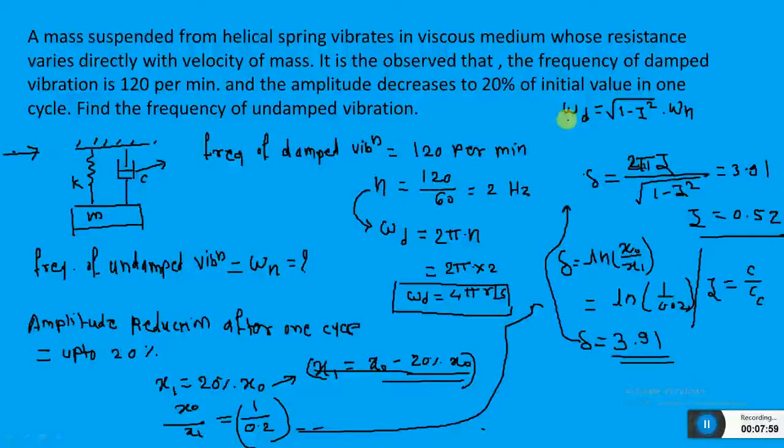So we have the value for omega d and zeta, so we can calculate the omega n. So omega n is equal to 14.71 rad per second. So this is the value of omega n. So this is your final answer.